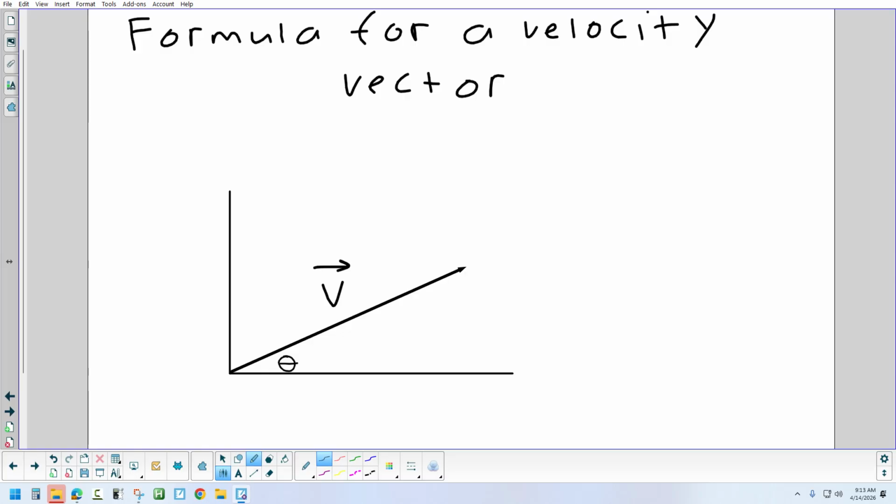All right, so we've got to break a vector down into its components. So what do you think I'm going to draw in that picture to start to figure out the components? We are going to draw more vectors, and that's going to create a certain shape. Yep. Right triangle. Yeah, we're going to make a right triangle.